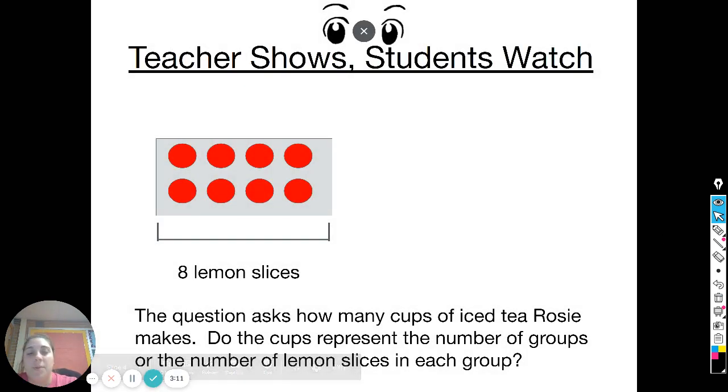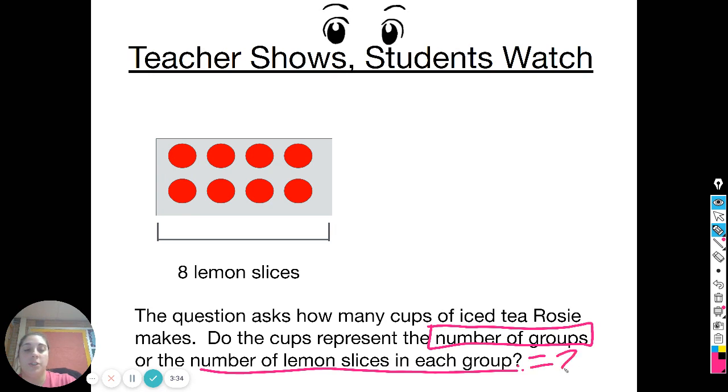The question asks how many cups of iced tea Rosie makes. Do the cups represent the number of groups or the number of lemon slices in each group? Well, we just said that the cups represent the number of groups because we already know that the number of lemon slices in each group is 2, okay? We're trying to figure out the number of groups, which is the number of cups, okay? So here, we've taken our array and we've turned it into a tape diagram.